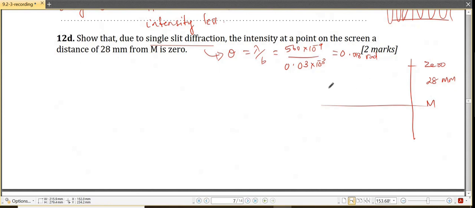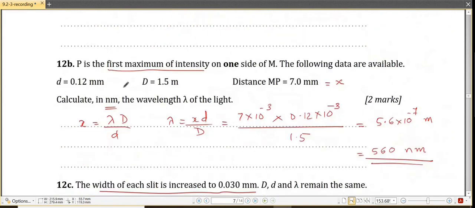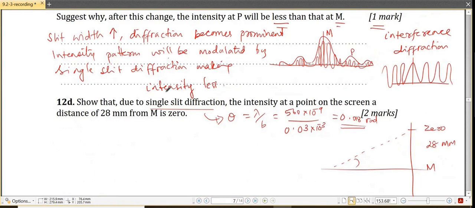Now, this is for minimum, and I'm getting this answer, but I also need to see whether it is forming the same angle here. They have given the distance as 28 millimeter, and the distance between the slit and the screen as 1.5 meter. By using the concept of angle, angle equals arc upon radius.